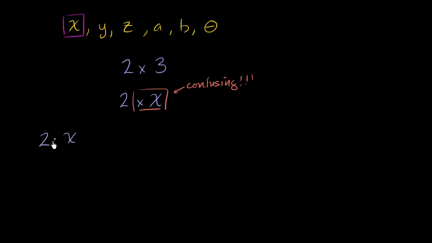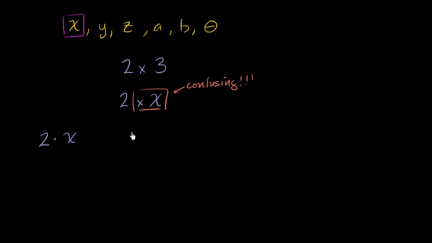And this dot, I want to be very clear, is not a decimal. This is written a little bit higher, and we write this so we don't get confusion between this and one of these variables right here. But this really can be interpreted as 2 times x. So for example, if someone says 2 dot x, what is 2 dot x when x is equal to 3? Well, this would be the same thing as 2 times 3.